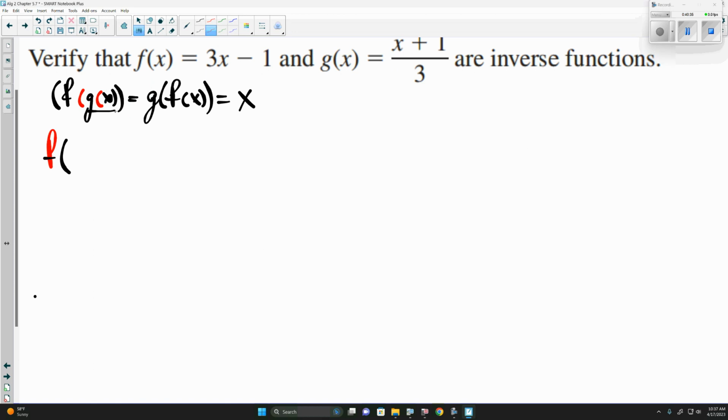And so we did these here on Friday. So the first thing is we work from the inside out. So we plug x into g of x, or really we replace g of x with its function, x plus 1 over 3. So we're working with f of g of x. I should have written that out first.